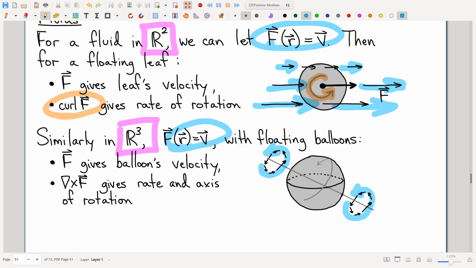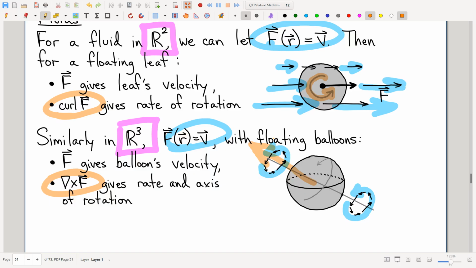Anyway, such a balloon. How would this balloon move? Well, in the same way that the leaf will flow downstream, this balloon will flow whichever direction the air currents go. But if there is a rotational element to that airflow, the curl, just like in 2 dimensions, the 3-dimensional curl will point in a direction telling you around what axis that balloon will rotate.